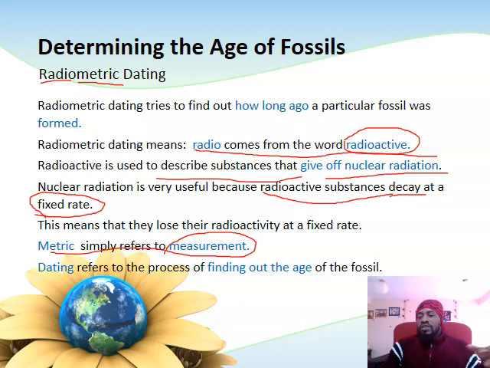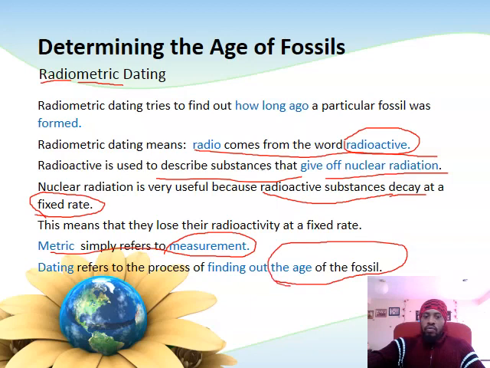By the difference of masses, we can estimate how much time has passed from big mass to small mass. So we can then use this knowledge to find the age of fossils. We are going to see exactly how.